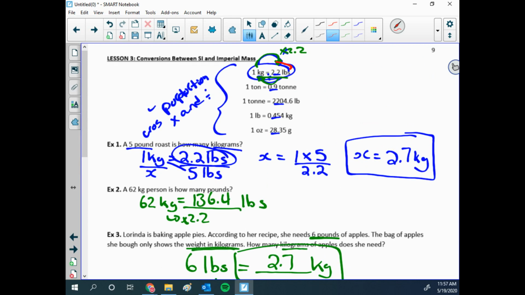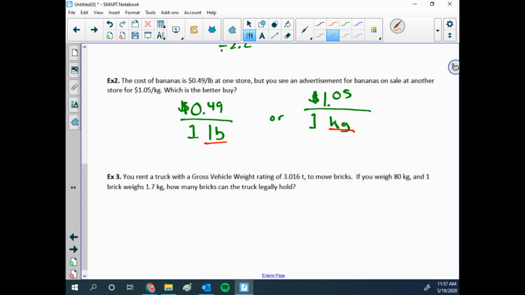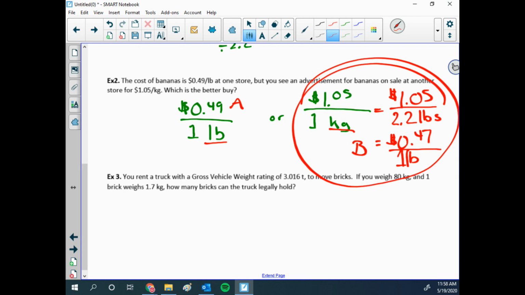This conversion factor tells me 1 kilogram is 2.2 pounds. So instead of putting this as 1, I'm going to change this to be 1 kilogram, which is 2.2 pounds. When I divide that, this comes out to be about 47 cents per 1 pound. So what's the better buy? Option A or option B? Well, this one is cheaper by 2 cents per pound.